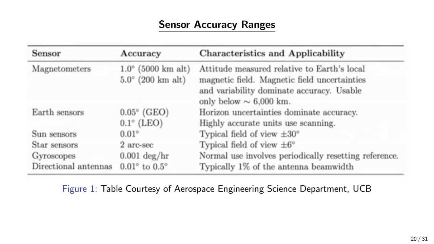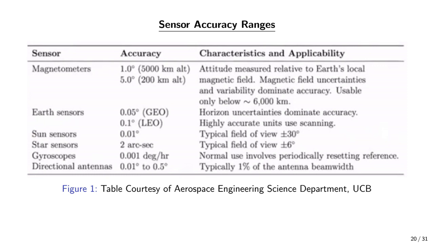And your gyroscopes, which is very good, but it also has its own cons. You need to periodically reset it. Okay. And then your directional antennas. I am working with the SKA project, so you should know this.